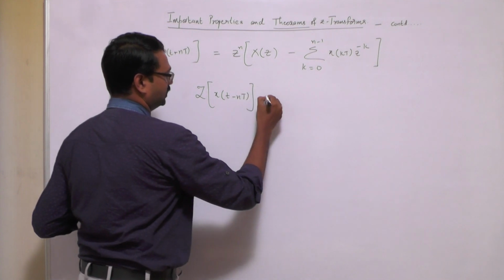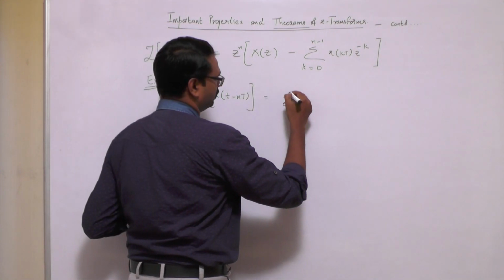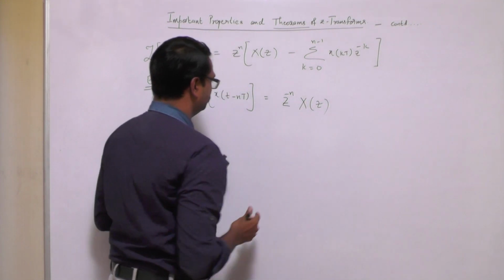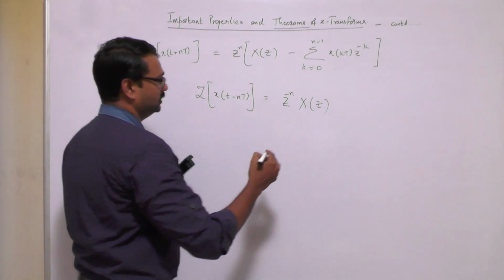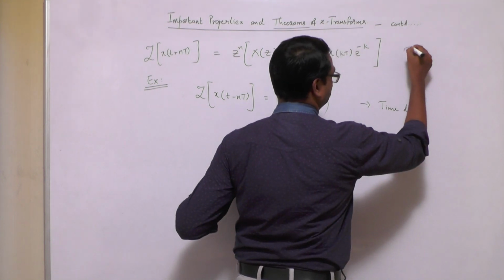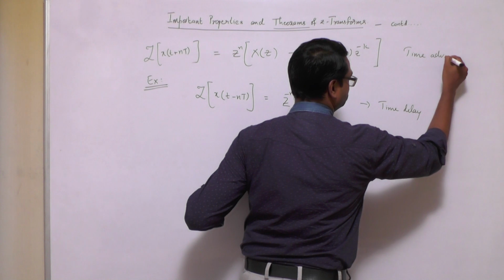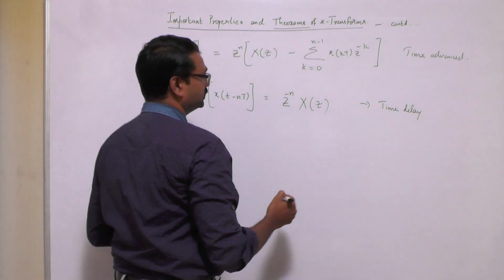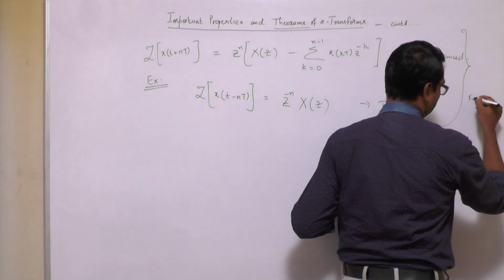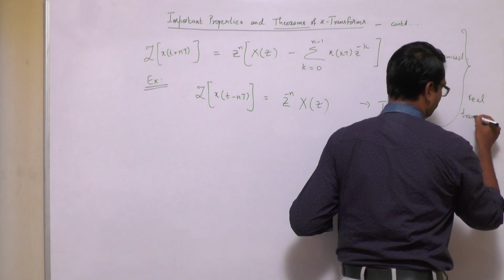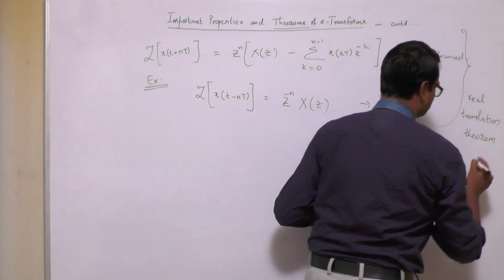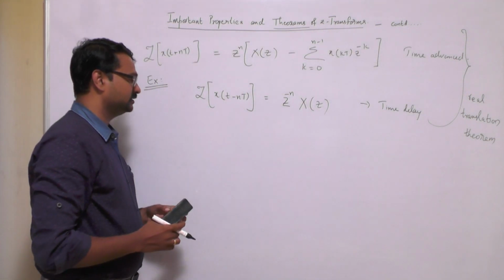For the time delayed function we have z^-n X(z), and for the time advanced function the expression above. Both of these put together, you can call the real translation theorem.